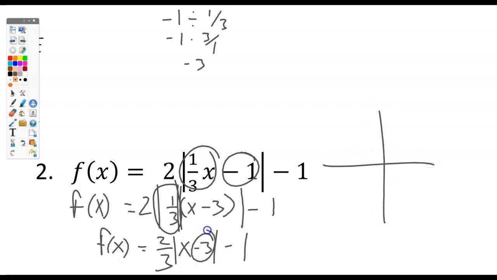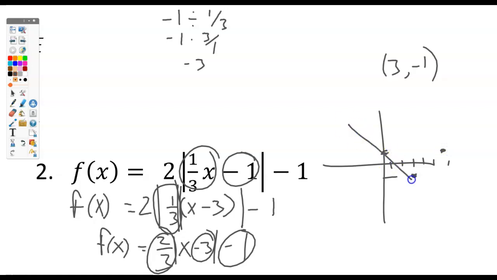So we're going to go to the vertex 3, 0. I'm sorry, 3, negative 1. And my slope is 2/3. So we're going to go up 2 over 3. So rise 2, run 3 from the vertex, rise 2, run 3 from the vertex. And there's our graph. Okay, so that's how you handle the fractions.